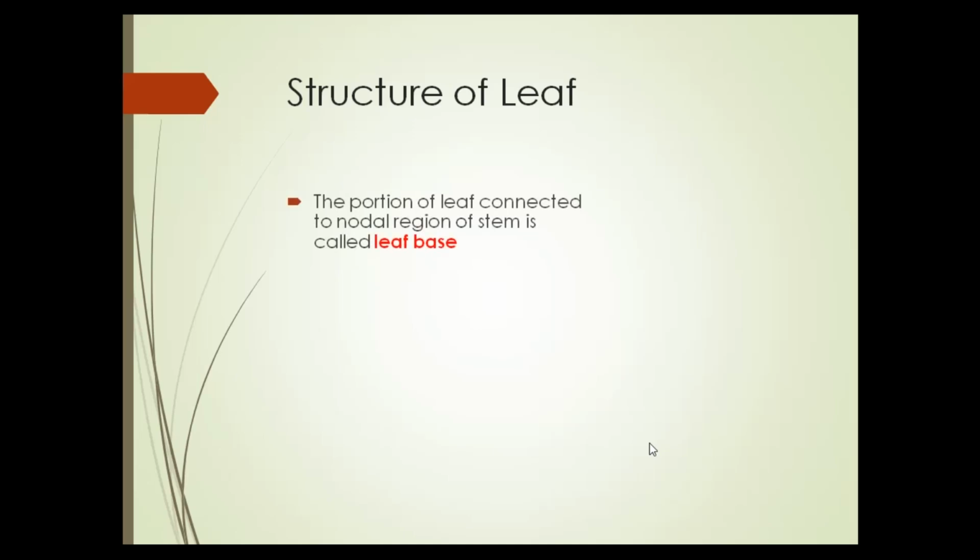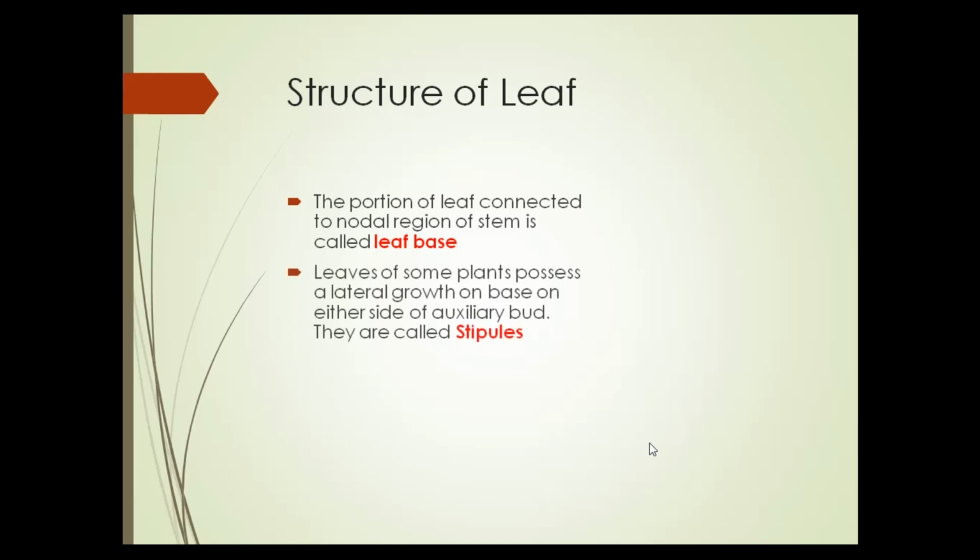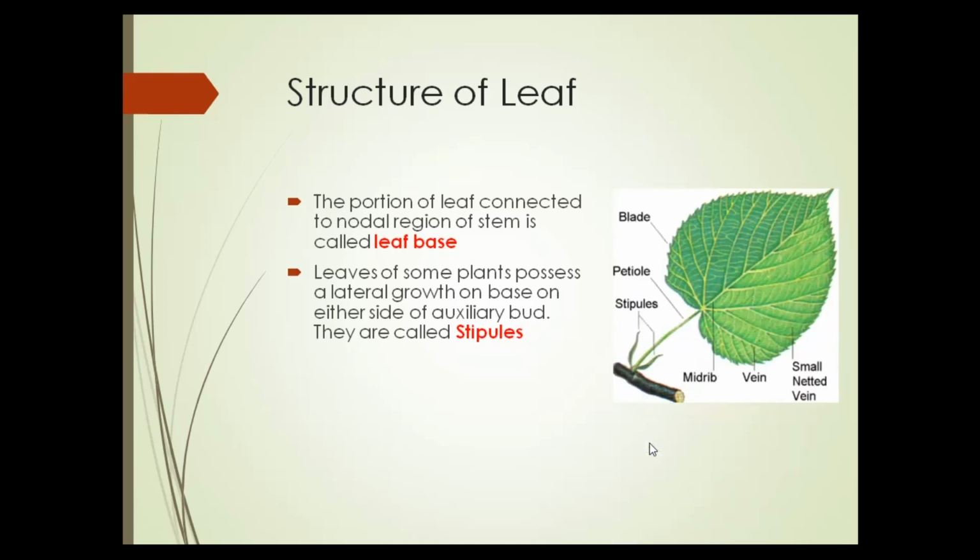The portion of the leaf that is connected to the nodal region of the stem is called the leaf base. Leaves of some plants possess a lateral growth at the base on either side of the axillary bud. These are called stipules.